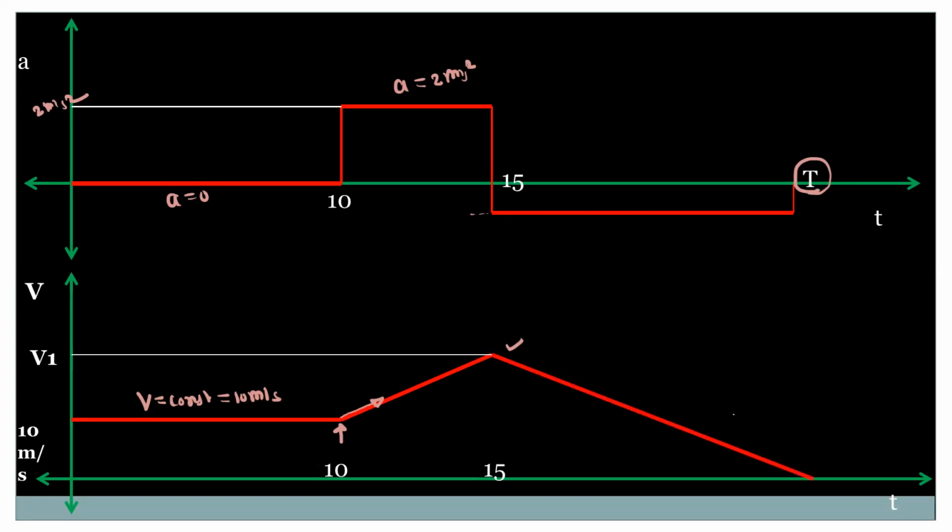So it has a negative slope. That means acceleration is negative. Okay. And finally, at some time capital T, at this point, the particle's velocity will become 0.